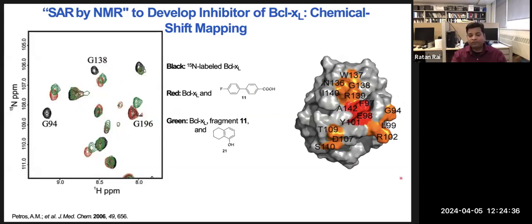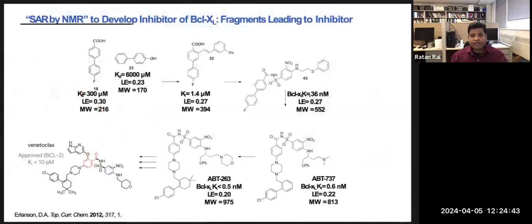Once we know that two fragments on a protein have two binding pockets and they are nearby, then with the use of chemistry, we can definitely combine them. The first molecule has a binding affinity of 300 micromolar and the second molecule has a binding affinity of 6000 micromolar. If we combine these two molecules through this linker, we found that our combined binding affinity became 1.4 micromolar. So we take a jump of around 100 fold by doing a very simple experiment.